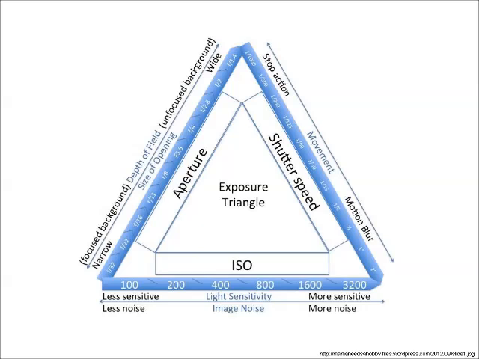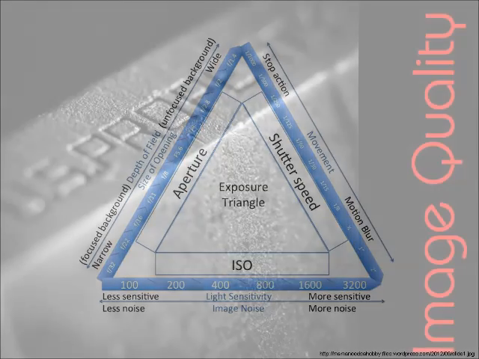Okay, so in photography then, the exposure triangle is commonly used to think about creating a well-exposed photo, and we have this combination of aperture letting in more or less light, shutter speed letting in more or less light, and ISO changing the sensitivity, or changing the gain on our sensor.